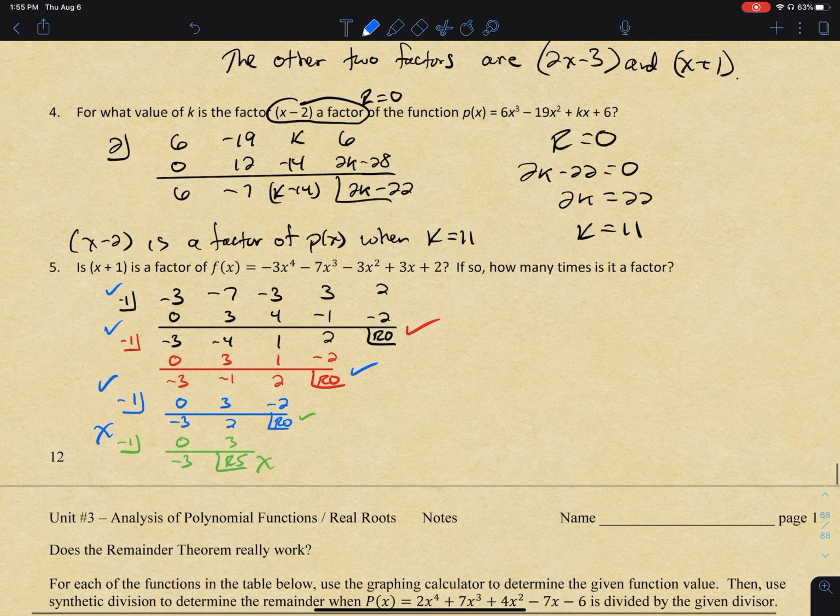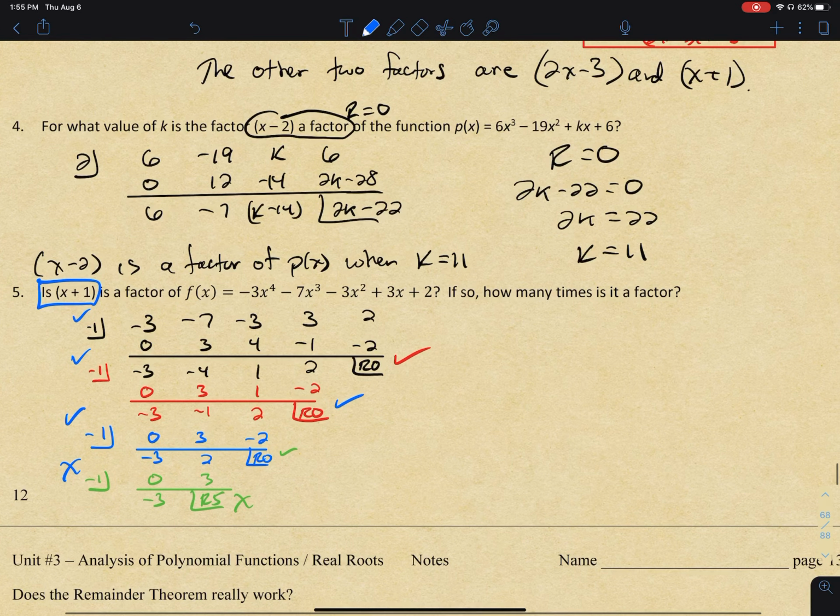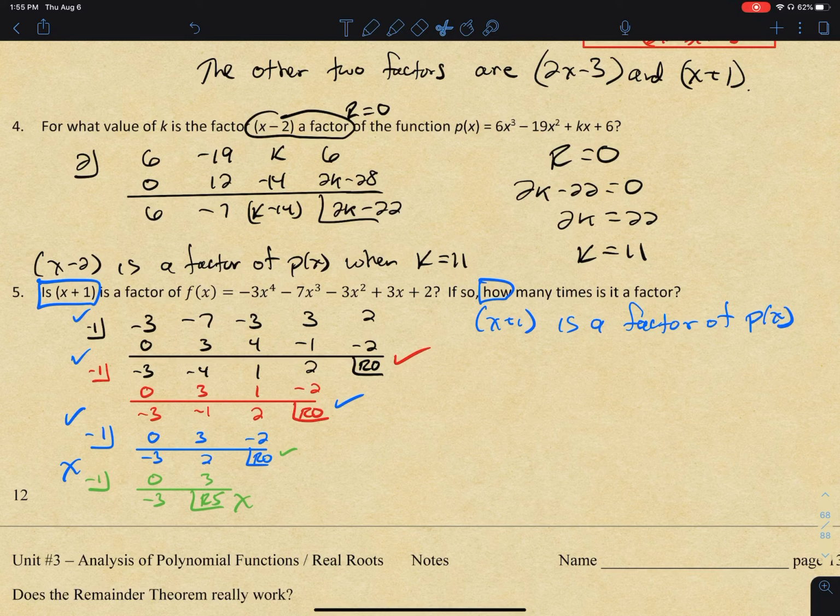So the first question is x plus 1 a factor? Let's answer that. X plus 1 is a factor of p of x. And then the second question is, if so, how many times is it a factor? So we can just add to this sentence.